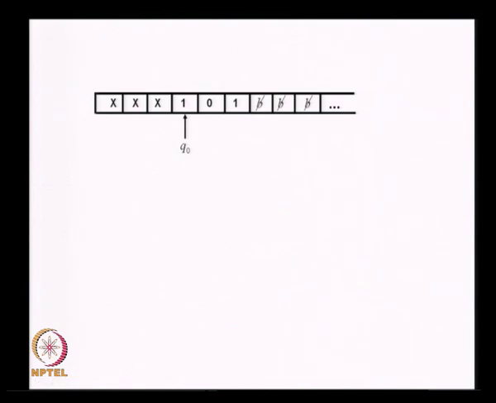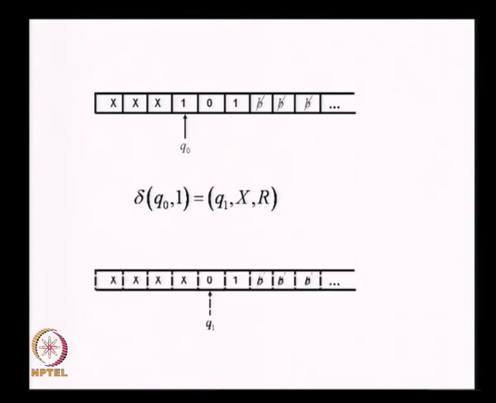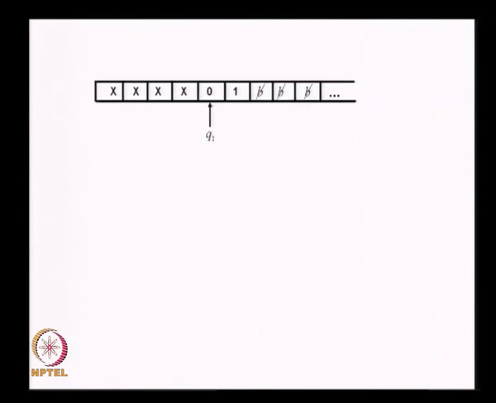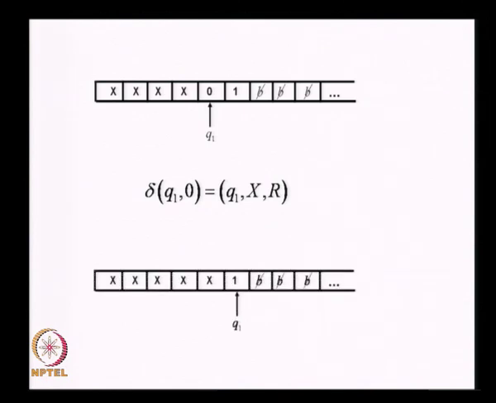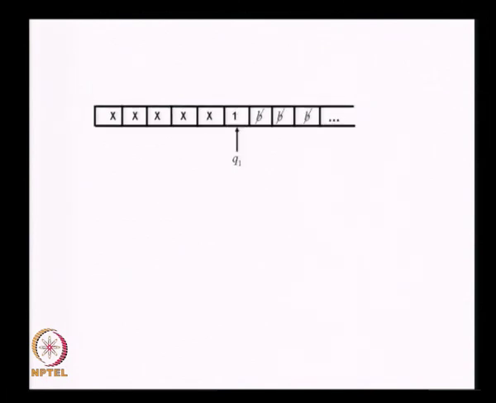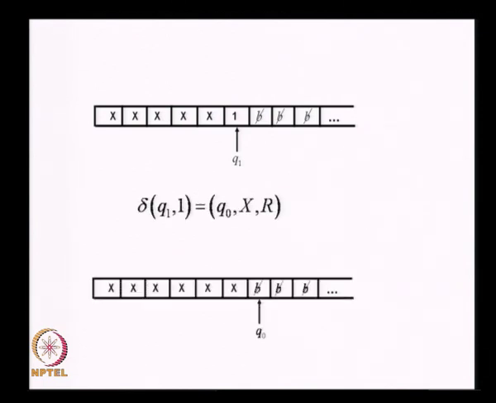Now, in q0 it reads a 1 and uses the mapping delta of q0, 1 is equal to q1, X, R, and the next ID becomes this. Proceeding like this, in the next instance it reads a 0 in q1, uses this mapping, goes to the next cell and then reads the 1, changes the state and goes to the next right cell.